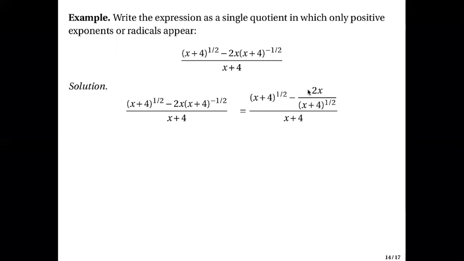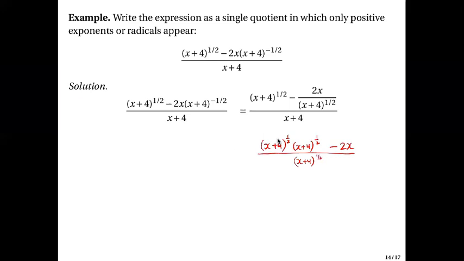Now we combine these two expressions, and we will have x plus 4 raised to 1 half times x plus 4 raised to 1 half, minus 2x, all over x plus 4 raised to 1 half.